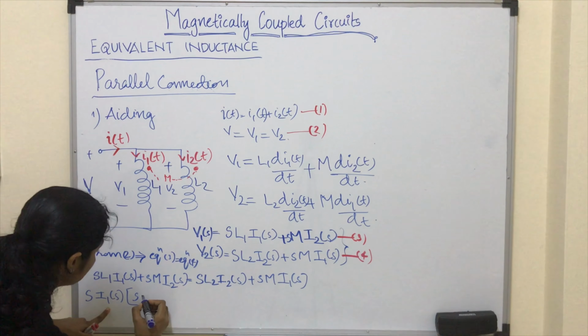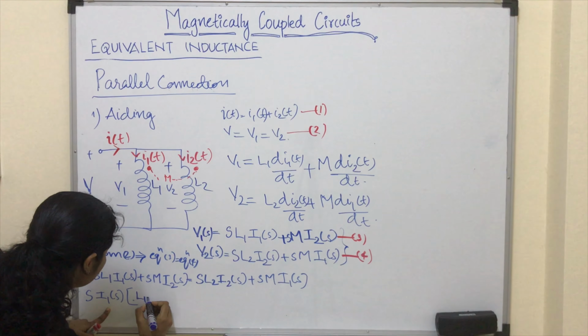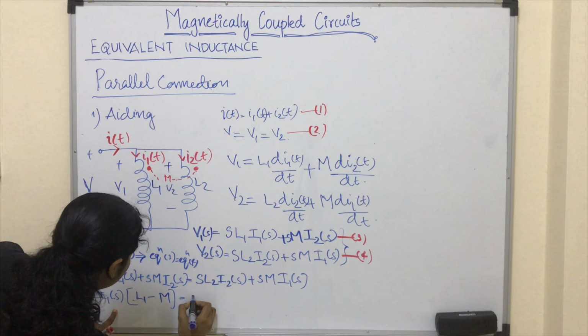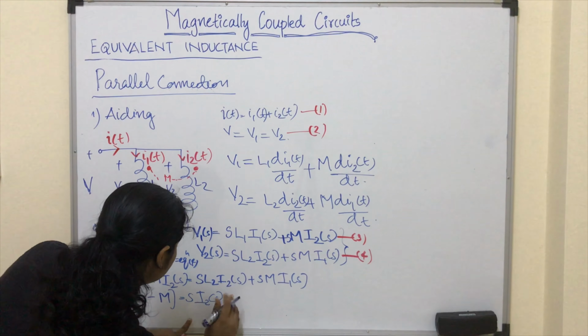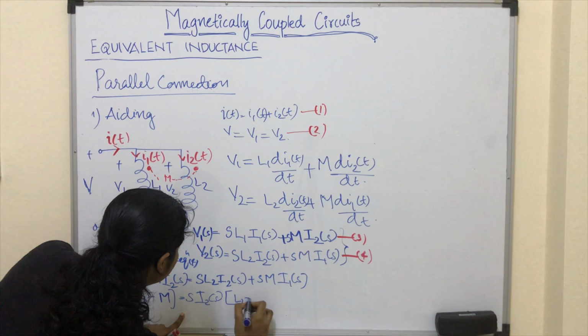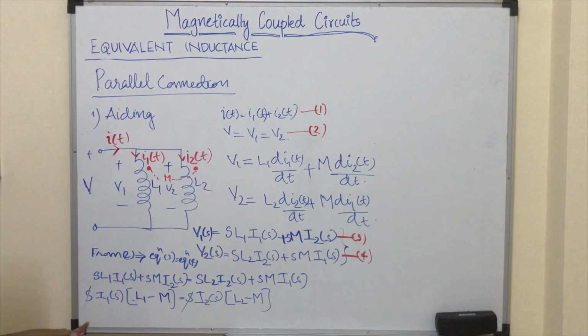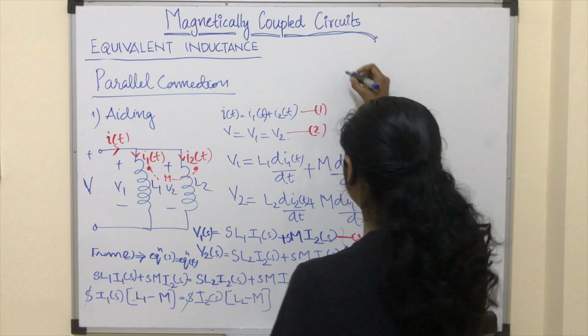Taking the common terms, I1 of S into (L1 minus M) is equal to I2 of S into (L2 minus M), and we will cancel the common term S from this equation.